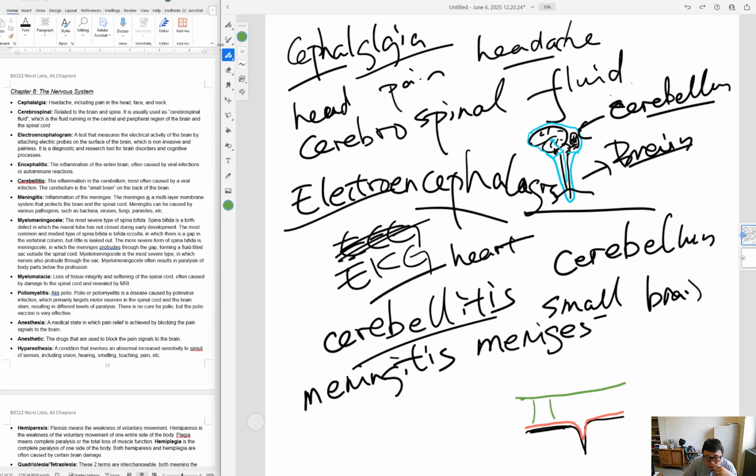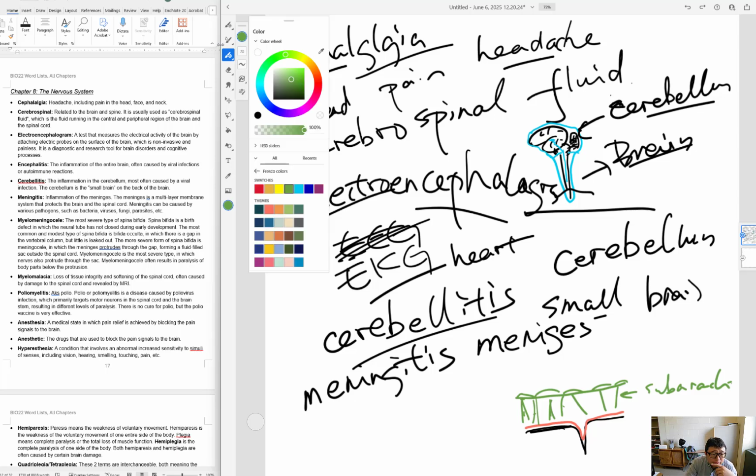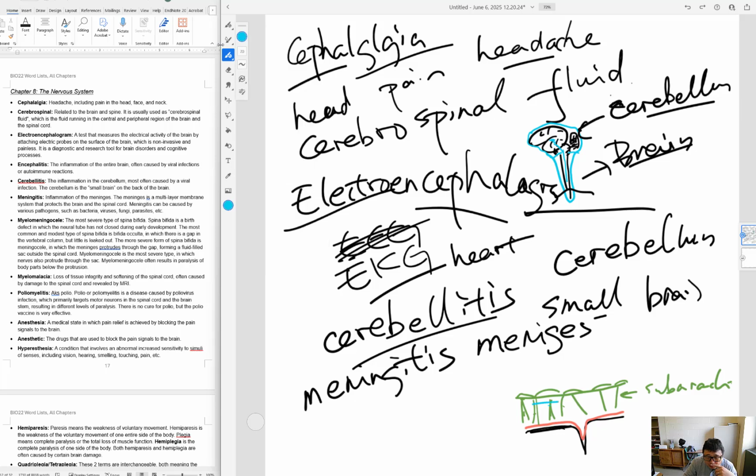And you have a layer of cells, and also cells standing up to make a cavity. This is called the subarachnoid cavity. And what you can find here is the cerebrospinal fluid.